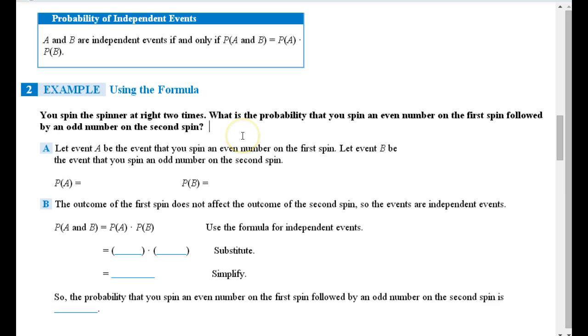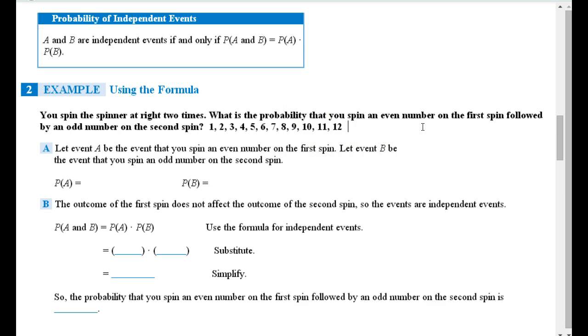So that would be 1, 2, 3, 4, 5, 6, 7, 8, 9, 10, 11, 12. Those are the possibles. So how many to get an even number? Well, 1, 2, 3, 4, 5, 6 out of 12, which is 1/2.